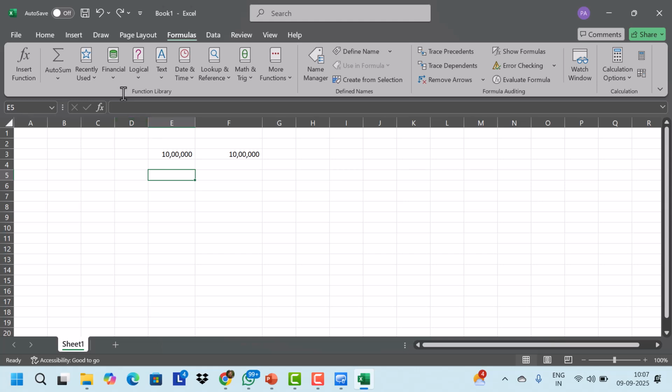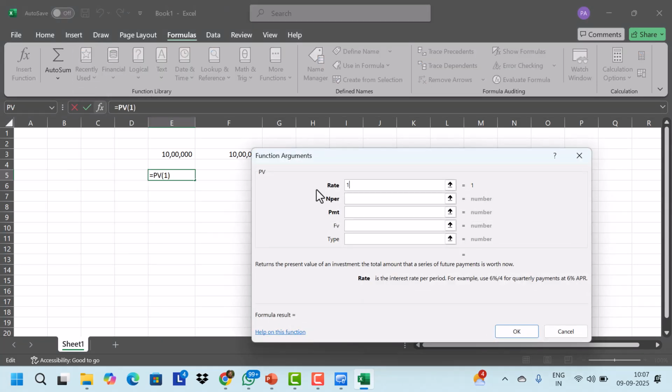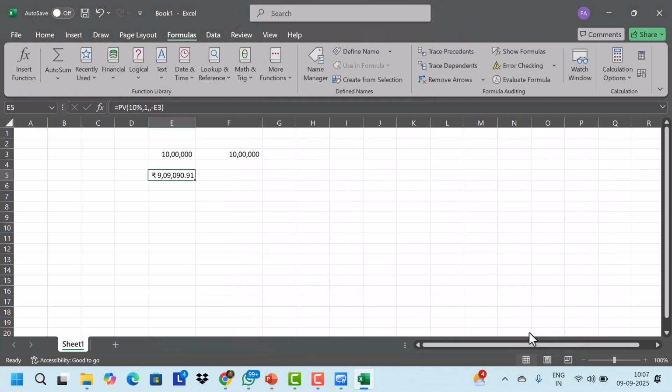I use it again because I think I pressed something wrong. 10%, and future value is minus this value. Okay. And NPER is 1. So this is okay.